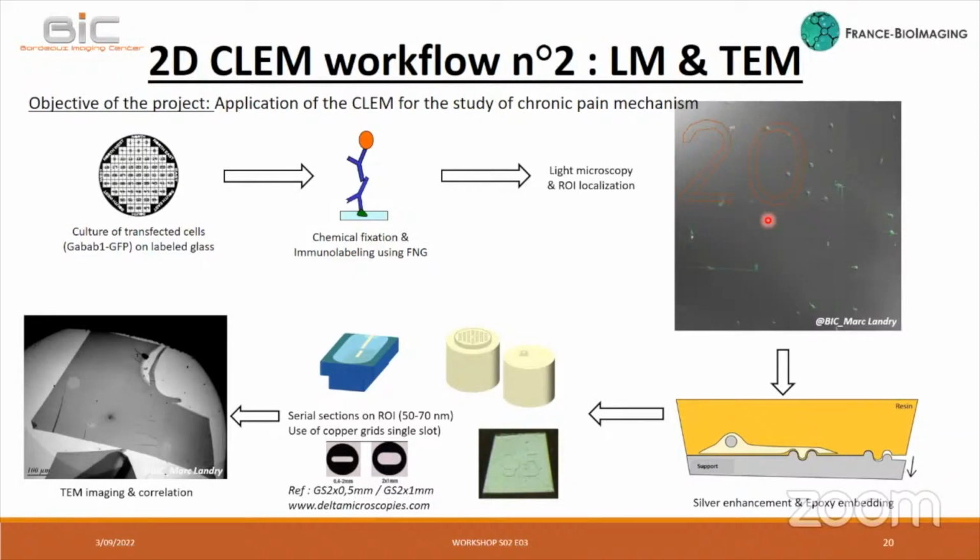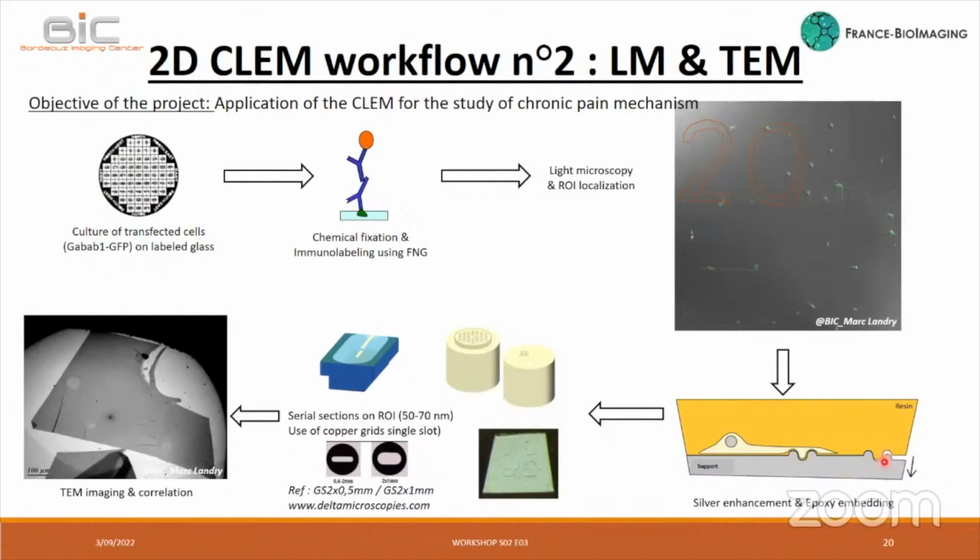After polymerization, we are able to localize the numeric pattern at the surface of the block. This is possible because at the surface of the glass coverslip there is an engraving, in positive and negative relief.